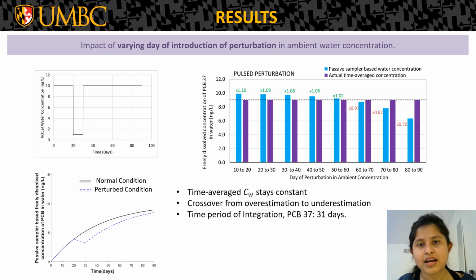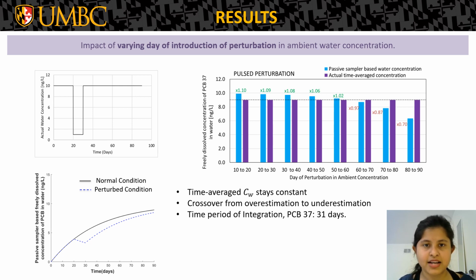But when the pulse happens shortly before the end of the exposure, the influence of the pulse is still in the memory of the sampler and is actually underpredicted by around 30%, say when the pulse starts on the 80th day. So a crossover happens from being overpredicted to underpredicted for PCB37, and the day of crossover for PCB37 is around the 60th day.